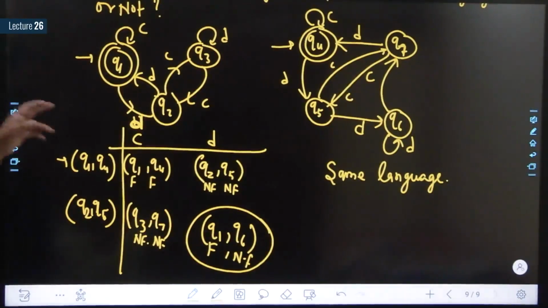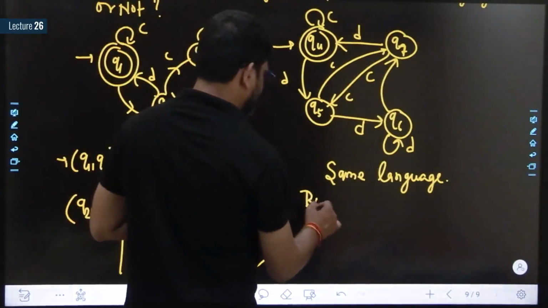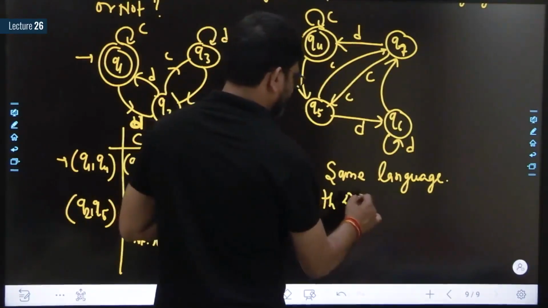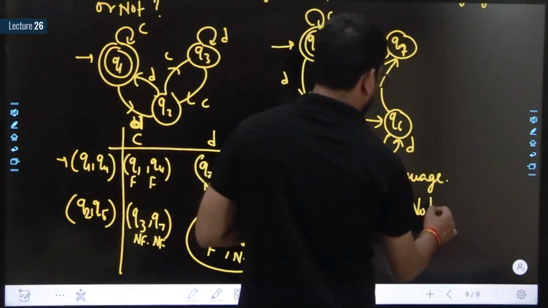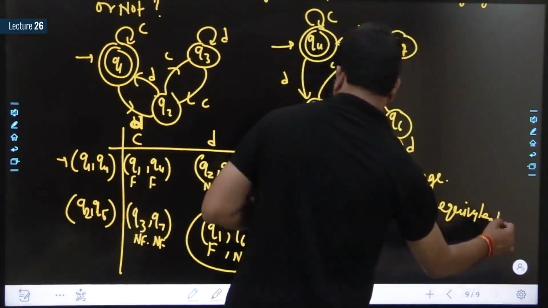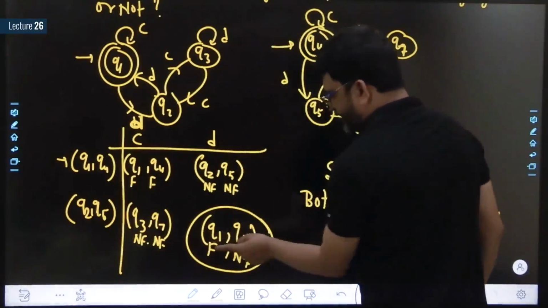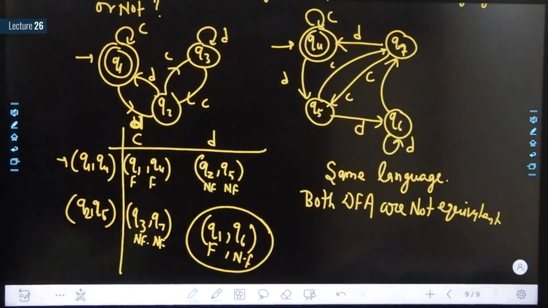The result is both DFAs are not equivalent. Why? Because one goes to a final state and the other goes to a non-final state. Clear?